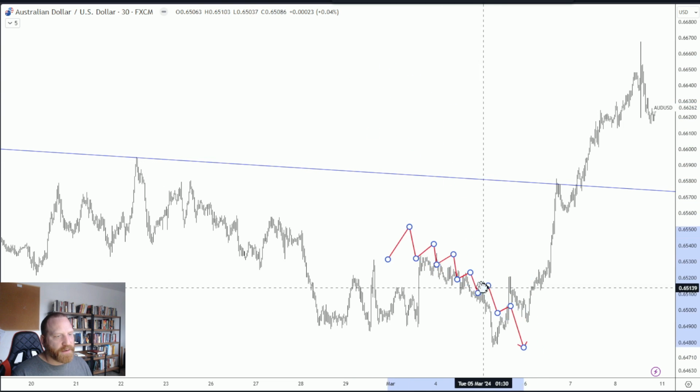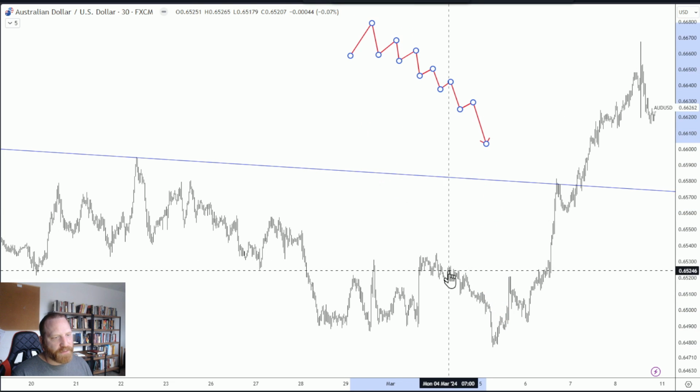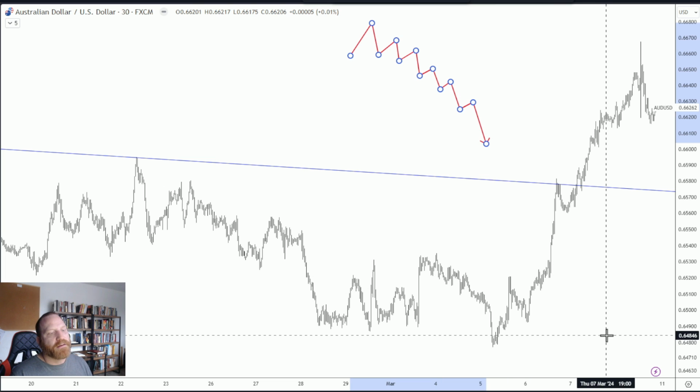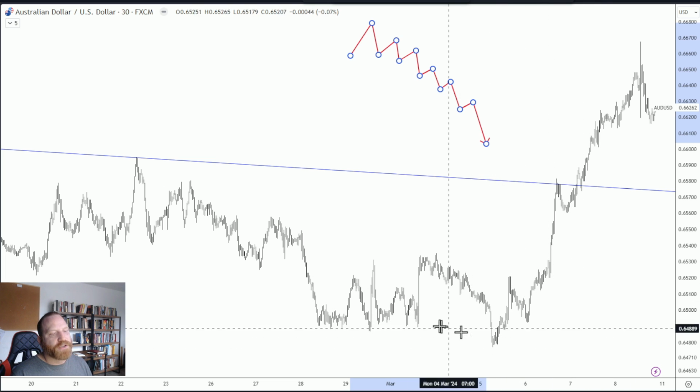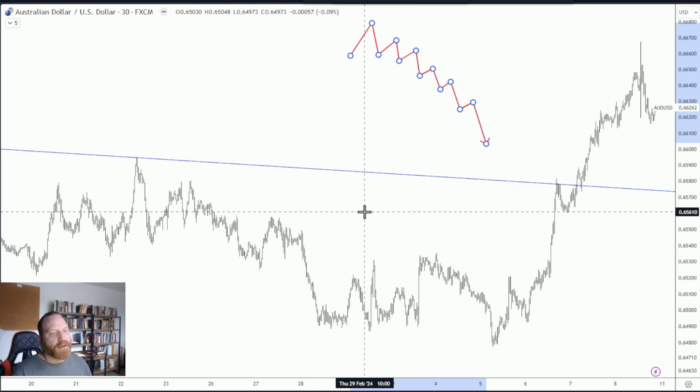You see here, there's a curve with multiple small waves, and then it accelerates. And if you see that acceleration near the lows, near an area where there's a lot of lows, I never take that breakout on the downside. I always wait to see if it bounces back inside of the channel.